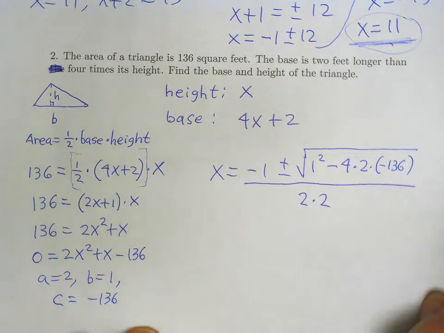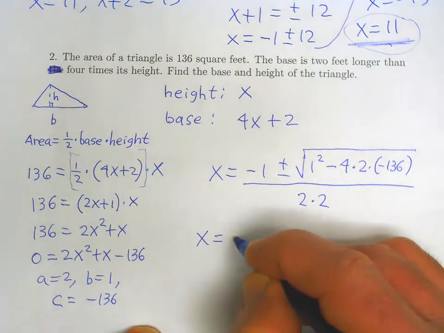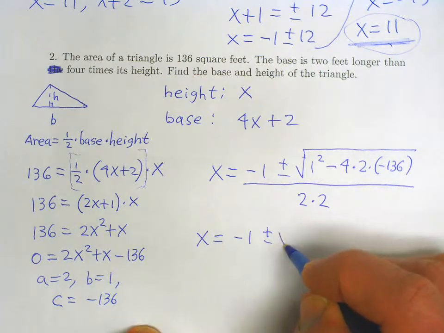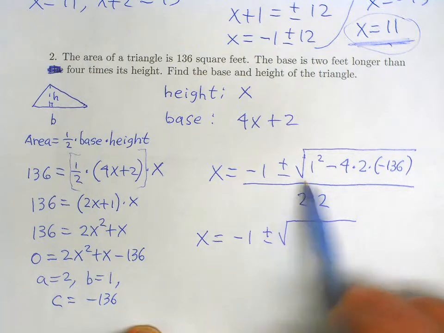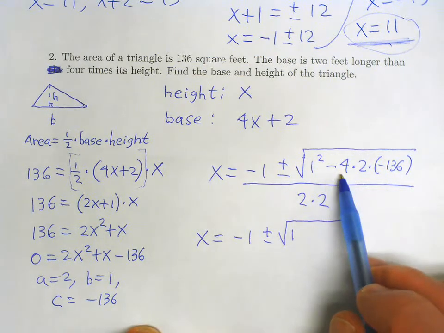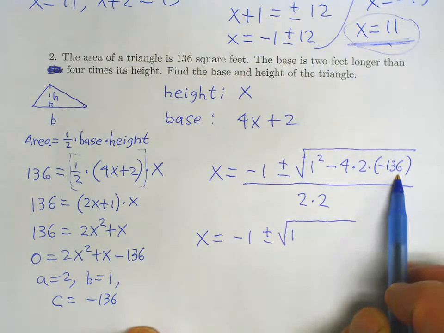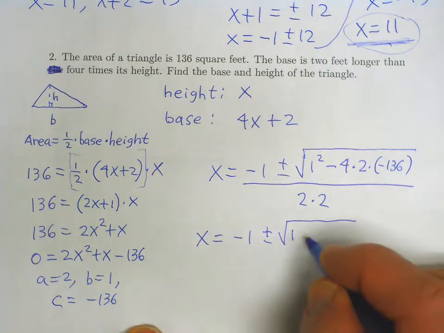Okay, so we'll do a little bit more arithmetic. We get x equals negative 1 plus and minus the square root. We have 1 squared, which is 1, and then minus 4 times 2 times negative 136. We're subtracting a negative, so that's equivalent to adding a positive.